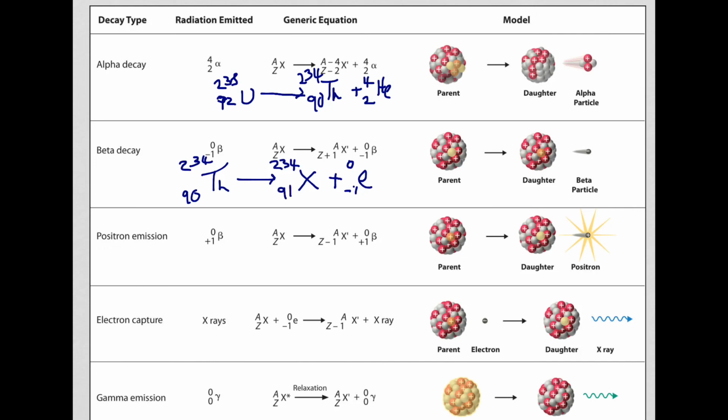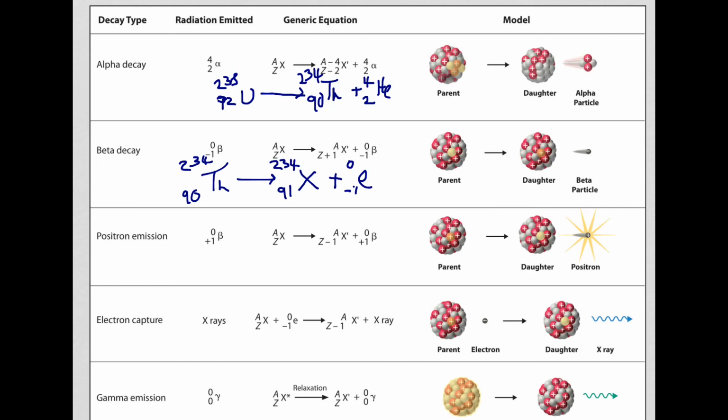So 91 minus 1 gives me 90, and I've double checked my answer like that. We can see that when we do alpha decay, we have the effect of dropping the proton number down 2. But when we do beta decay, we actually have the effect of moving the proton number up 1, which is quite interesting.